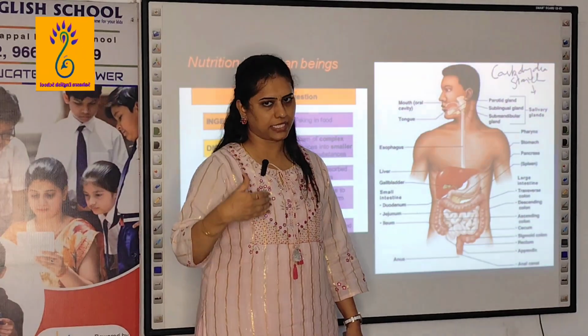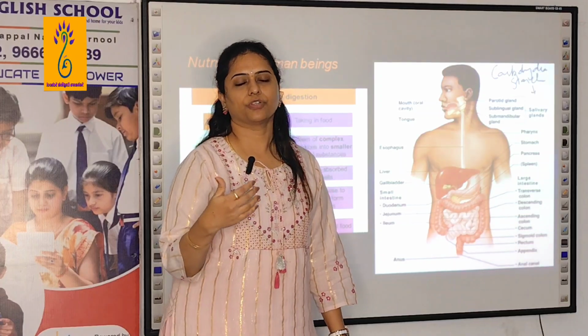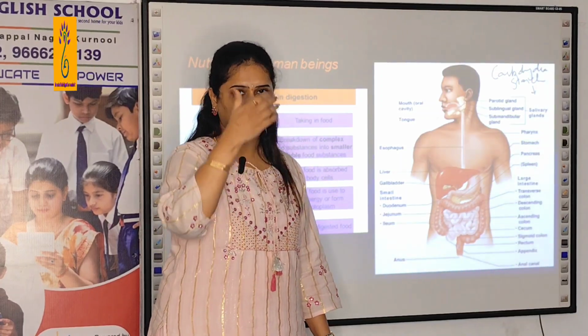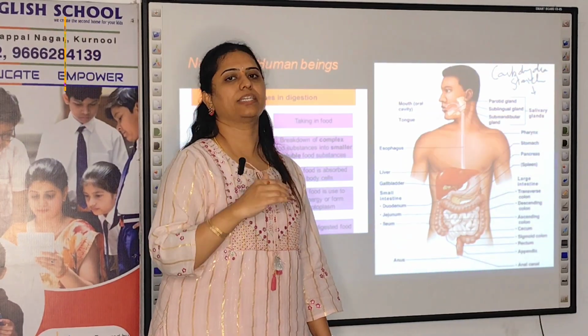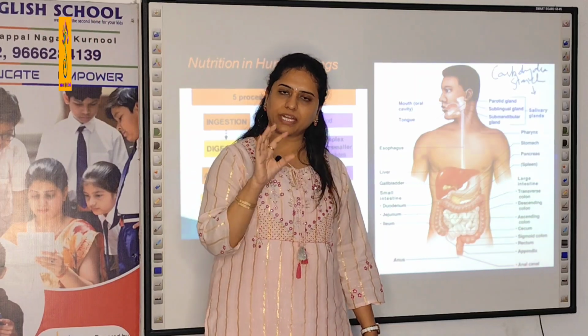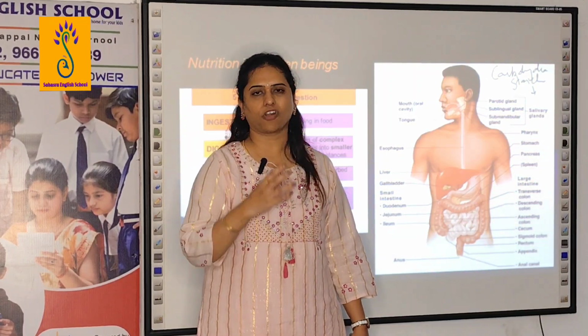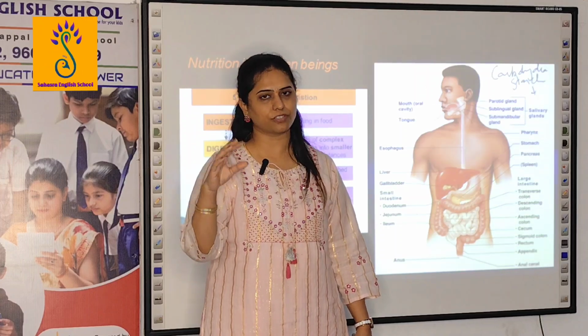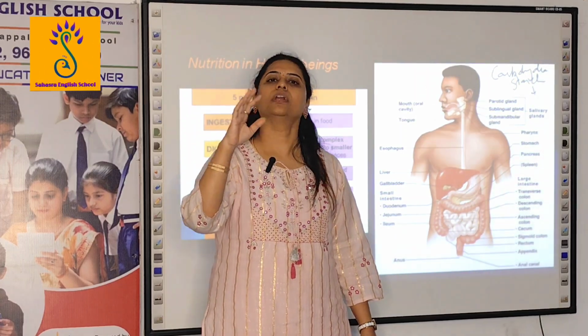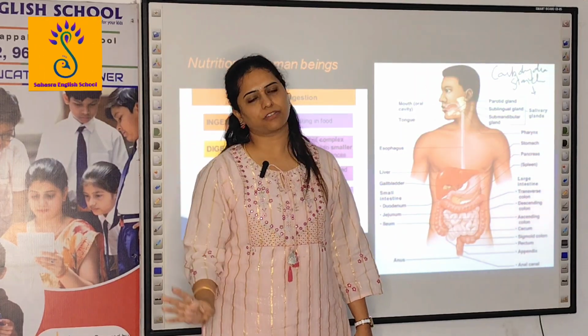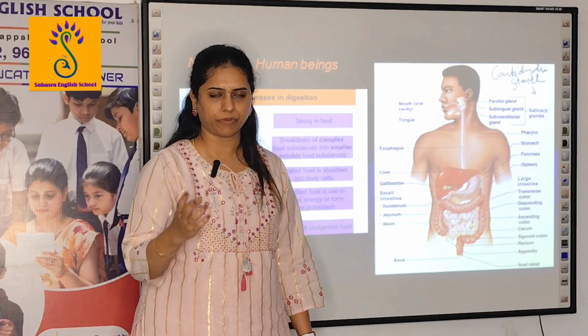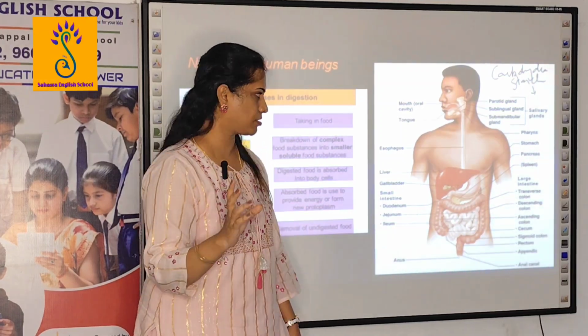Absorption takes place in the jejunum and ileum, and digestion starts from the mouth to the duodenum. Then the food that is absorbed is processed, energy is released, and it is taken up through blood to different parts of the body so that they can perform different functions.